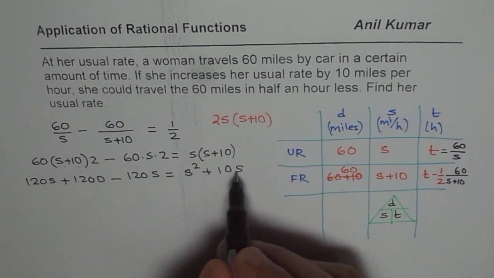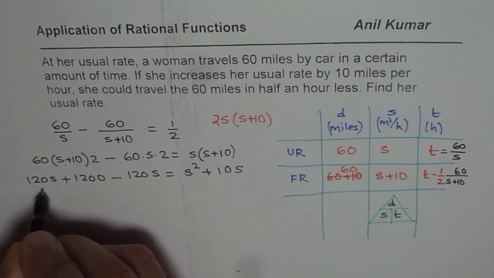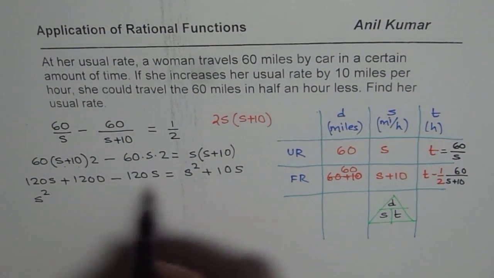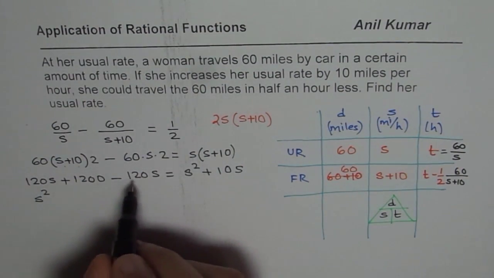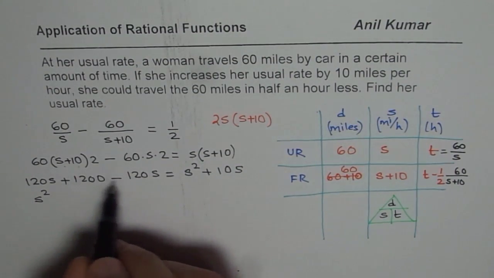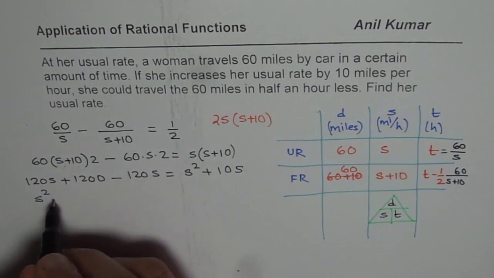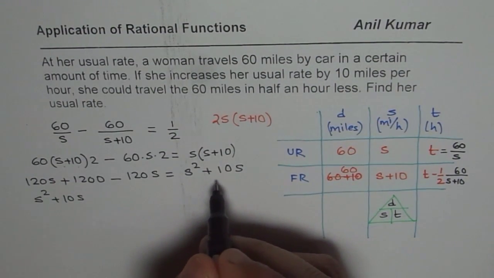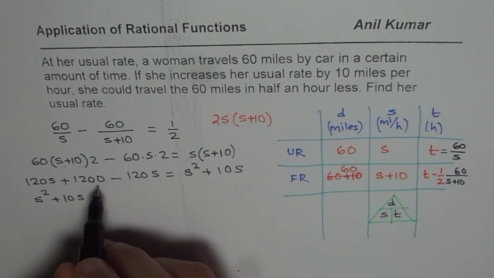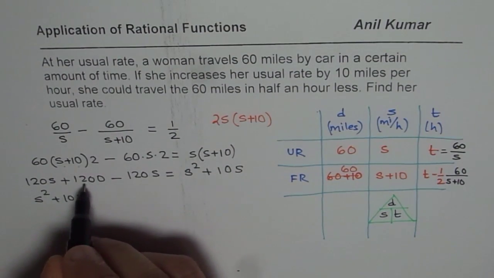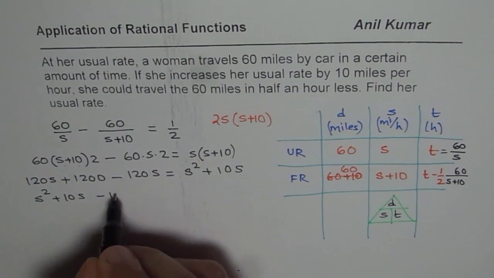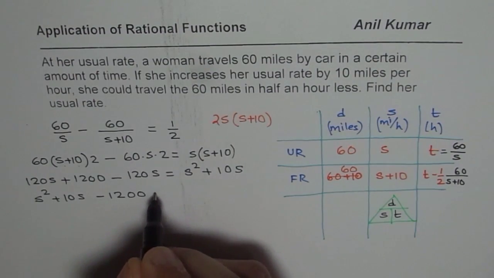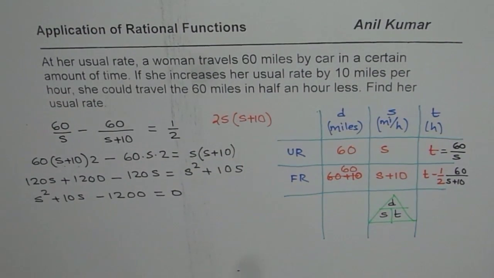Bring all the terms to one side. So we have s square. Amongst s terms we have 120s minus 120s, and that is 0. So we are left with 10s only. So we are plus 10s. We are bringing everything to the right side. And amongst the numbers, we have 1200 minus 1200, so we have minus 1200 equals 0, right?